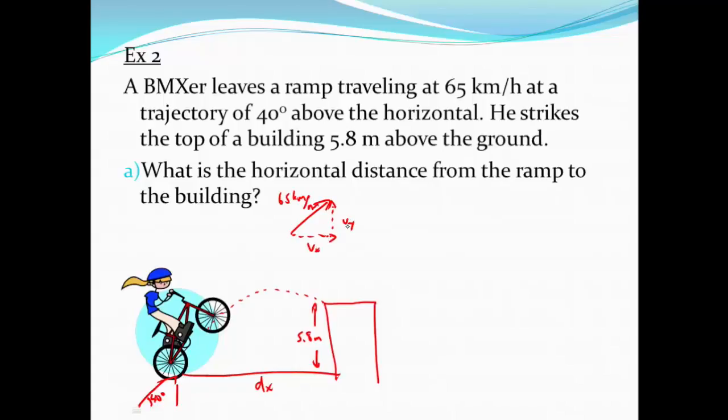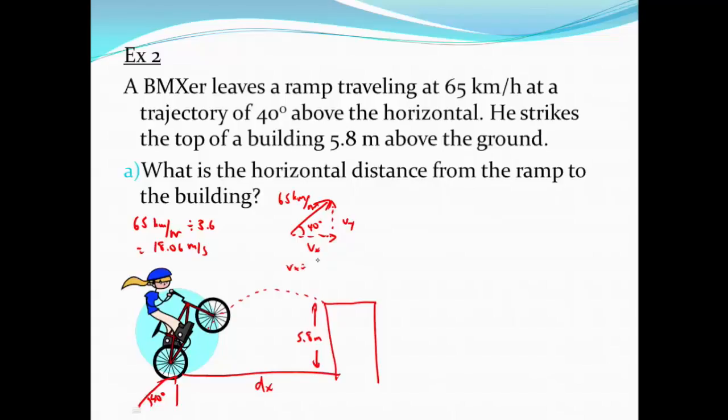Now, 65 kilometers an hour, not useful. Why? It's not an SI unit, so 65 kilometers per hour divided by 3.6 is going to give you an answer of 18.06 meters per second. Using that and the fact that this is 40 degrees, we can find our components.